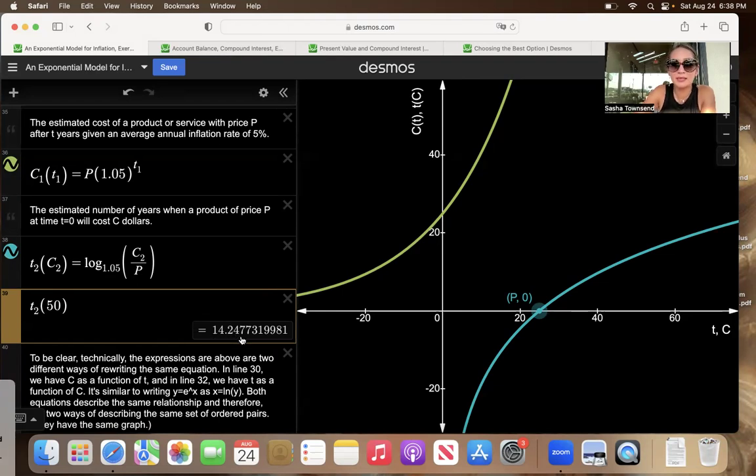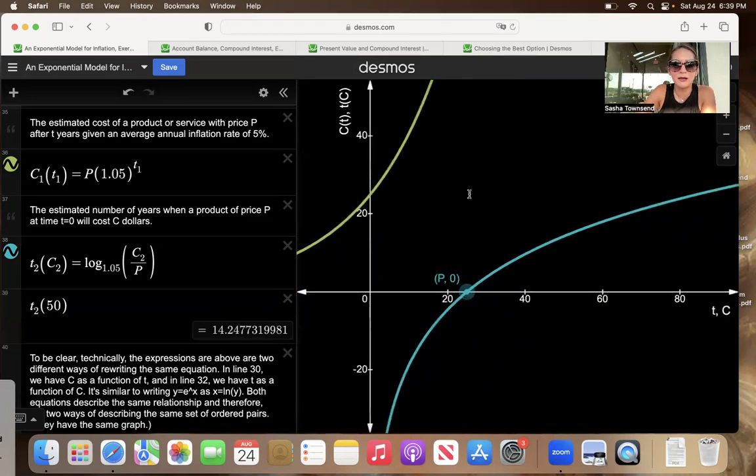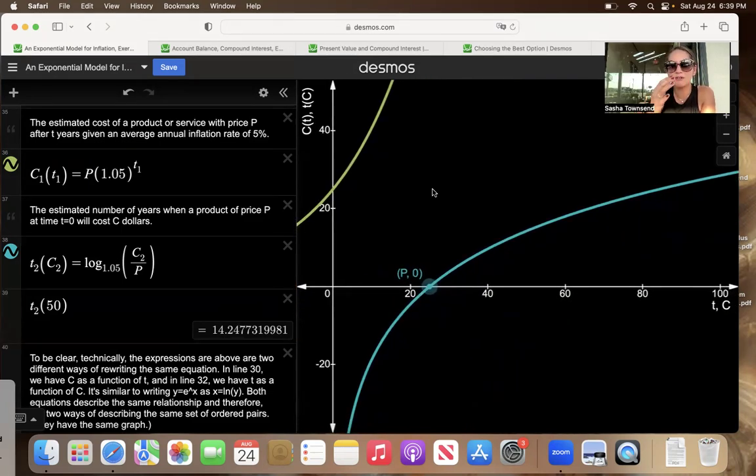And you say, well, what does that mean? That's not $14.25. That is 14.25 years. So about 14 years and 3 months from now, approximately, the price of the oil change will cost $50 as opposed to costing that $24.95, according to our model, provided that we have that 5% inflation rate.